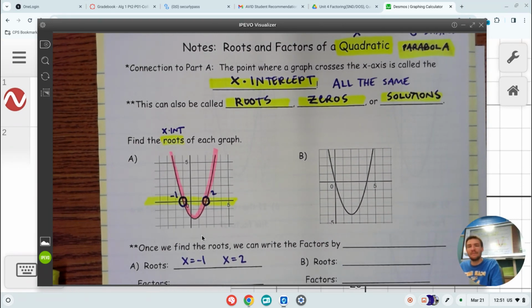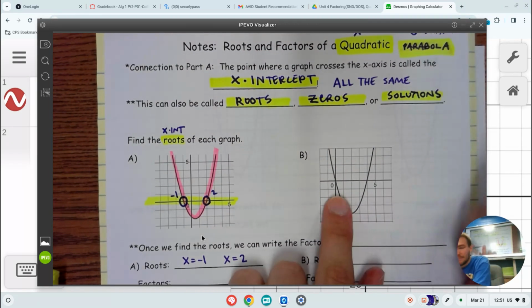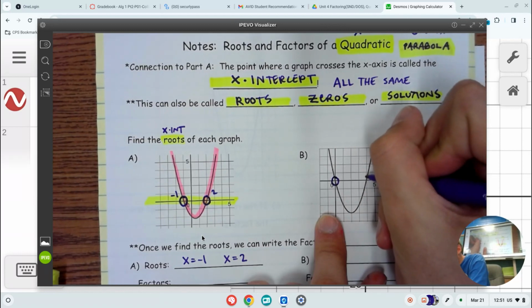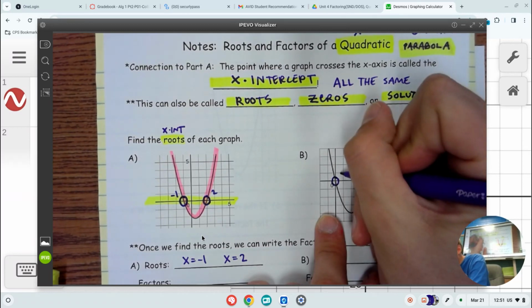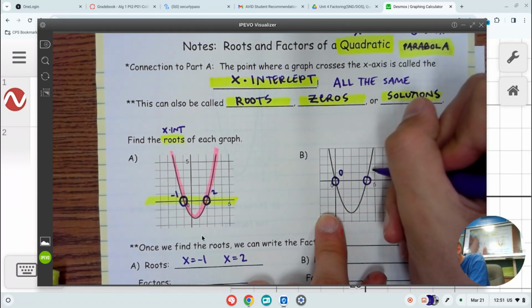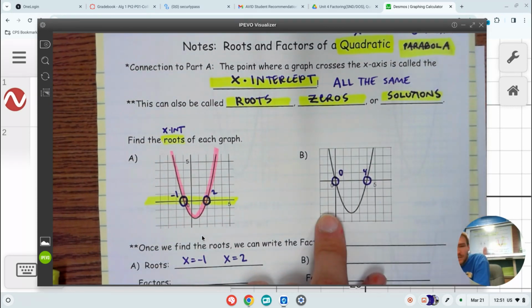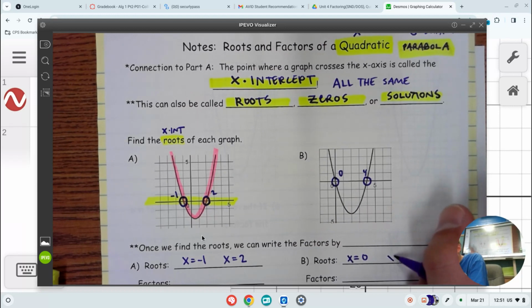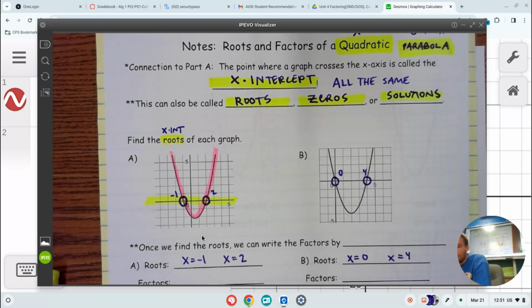You don't have to add numbers, you don't have to multiply numbers, you don't have to subtract, you don't have to divide, you don't have to FOIL, you don't have to distribute. Literally just look on the paper right here, say x-intercept, x-intercept. This one is 0, this one is 4. So write x equals 0, x equals 4.